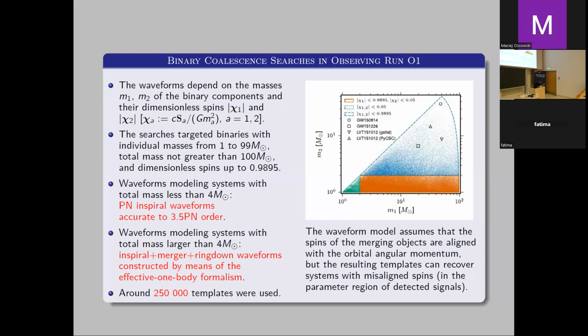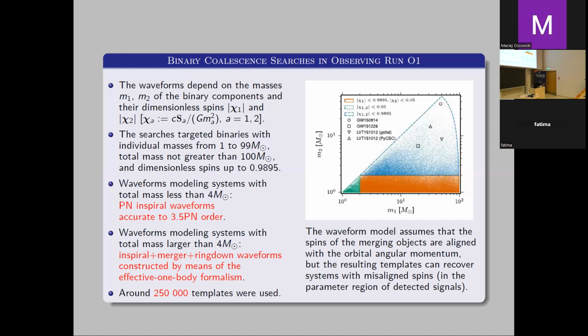There were some restrictions on the individual masses, and all the templates are shown in this picture. In fact, this is the projection of the 4-dimensional space onto the plane spanned by the masses, yes? And there are different colors. Different colors mean that different types of templates or different ranges of parameters were used.